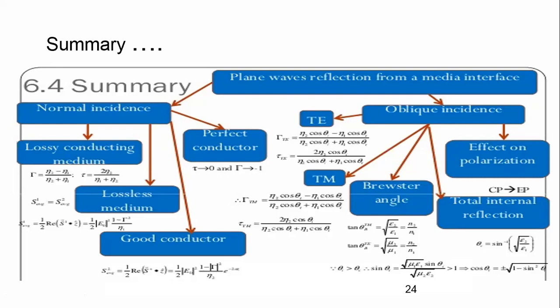We saw transmission, reflection, refraction, and diffraction cases. So this is the summary sheet of uniform plane wave reflection from the media interface. We have covered at least two points of chapter number 1, that is, the uniform plane wave.